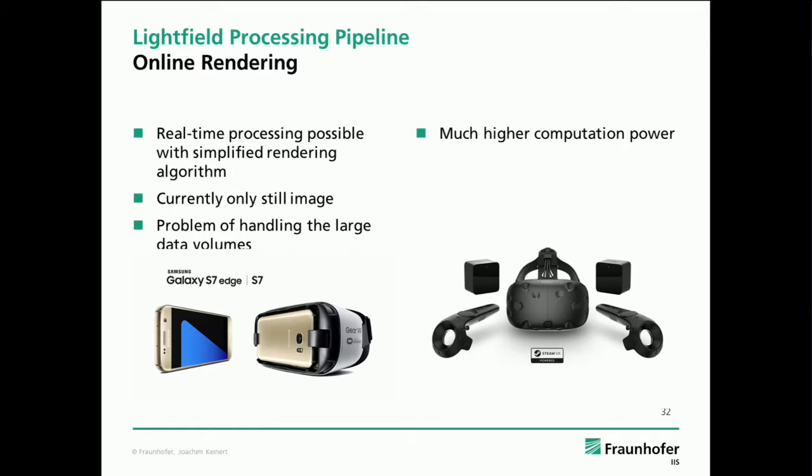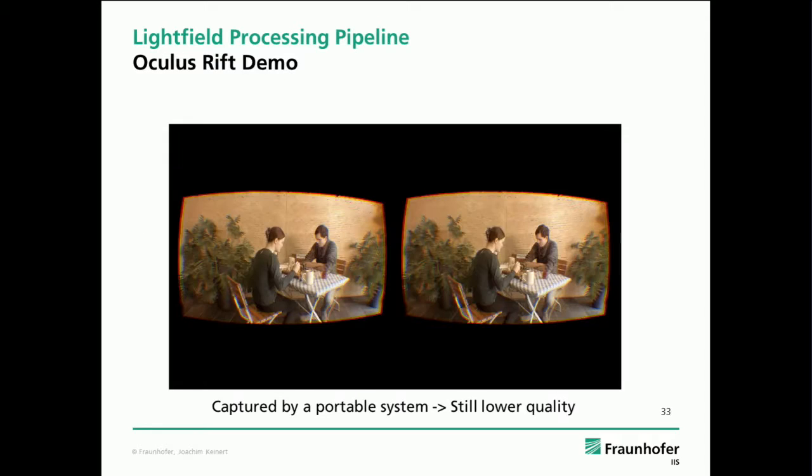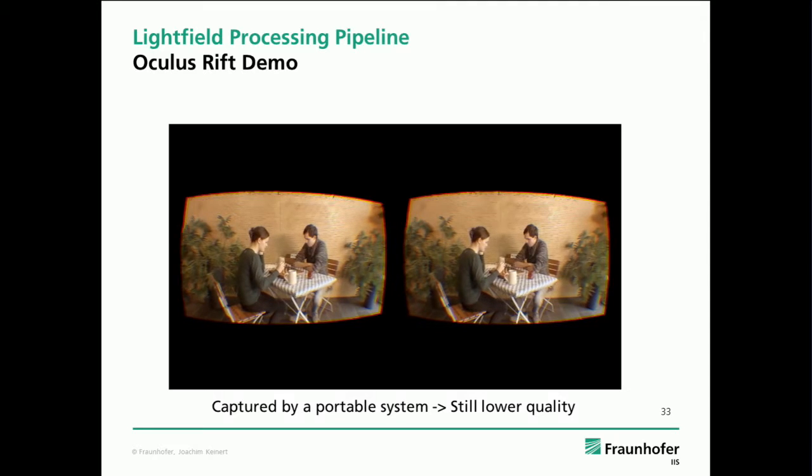And what is important with this, let's say, raw camera images and these depth maps, you can do this real-time processing on VR glasses. We have done this in our lab already, so that you can really capture these different views.